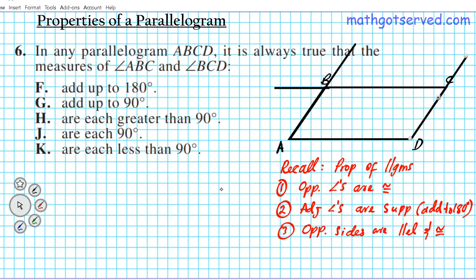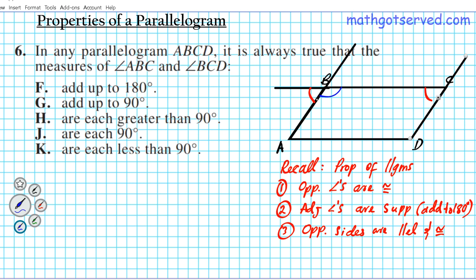Now, if you have two parallel lines cut by a transversal, do you remember what these angles are called? These are corresponding angles. Since these two angles are corresponding, they are congruent. Now, this angle right here is supplementary to this angle right here. These two angles add up to 180.